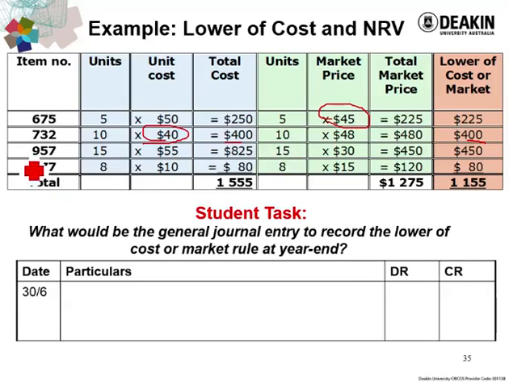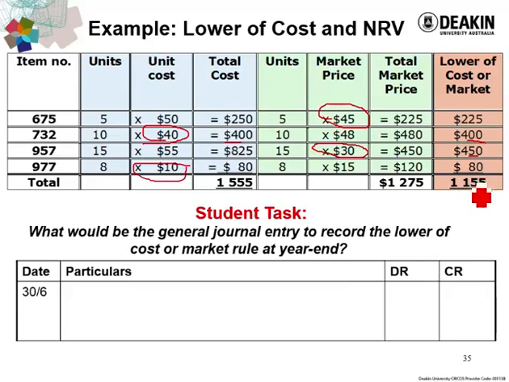And for item 957, the market price is lower, so we pick the total 450. And for item 977, the cost is lower, so we pick the total $80.